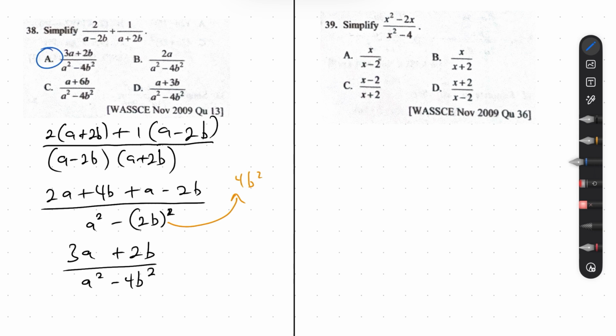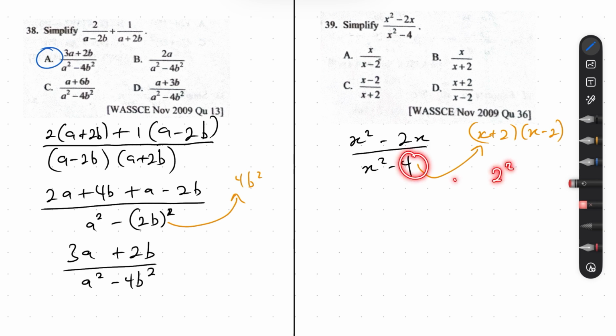Let's move on to question number 39. It says simplify this expression. So let's write that down. We have x squared minus 2x over x squared minus 4. At once, I can see that the denominator is a difference of 2 squares. So we can write it x plus 2, x minus 2, because 4 is the same as 2 squared.